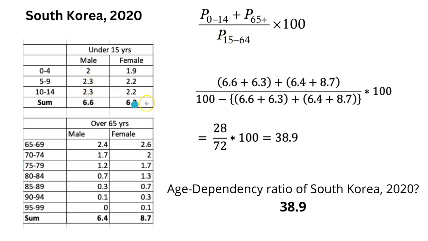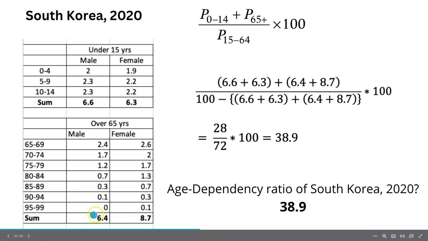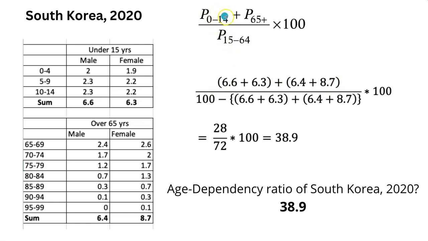So 6.6 plus 6.3 of the female in the under 15 years old, and this part is 6.4 older generation, 8.7 for the female. These are the numerator, the population 0 through 14 and the population 65 plus, divided by 100 minus the numerator, which is the remainder of the population.